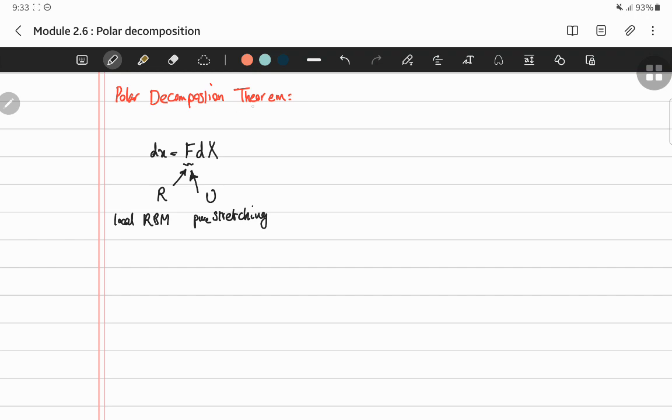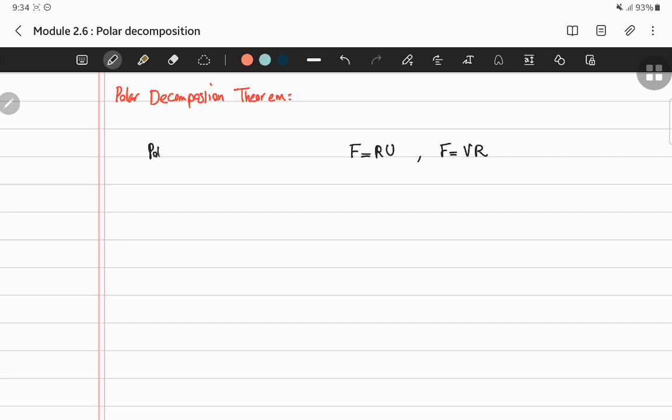In the polar decomposition theorem, it can be proved that any transformation can be written as a combination of this local rigid body motion R and pure stretching U. So basically the polar decomposition theorem says that F is equal to RU, or F is equal to VR.